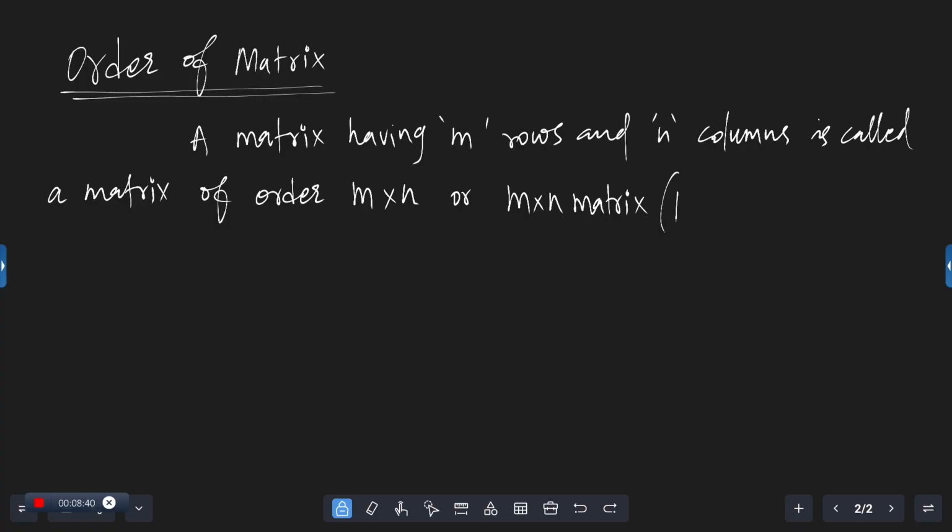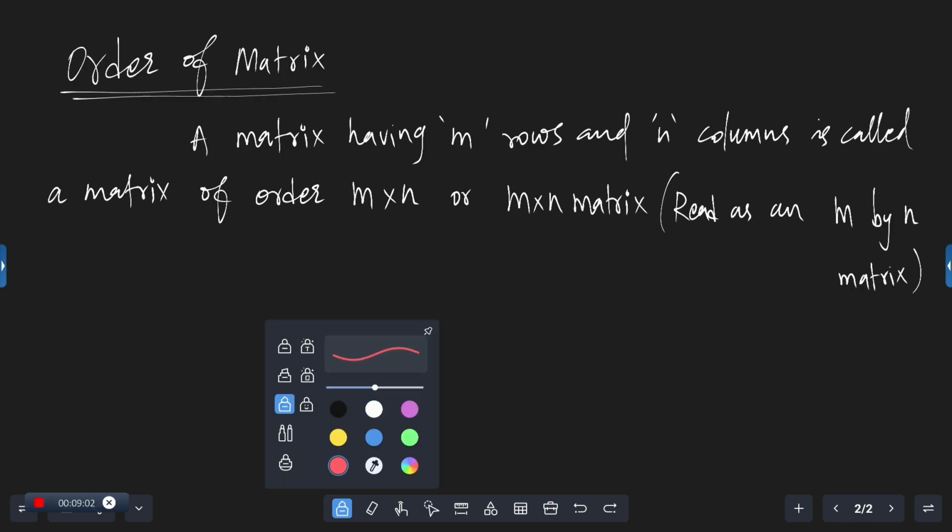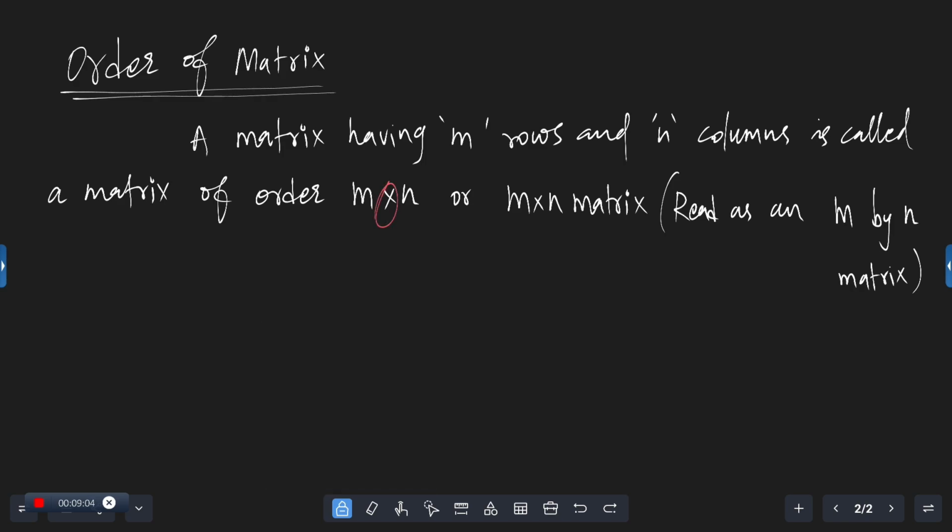How do you want to read it? Read as an m by n matrix. Listen carefully, children. Generally you can notice this is a multiplication symbol, a cross. But you should not say m into n.